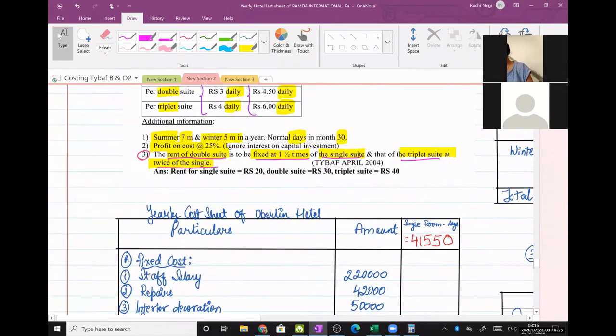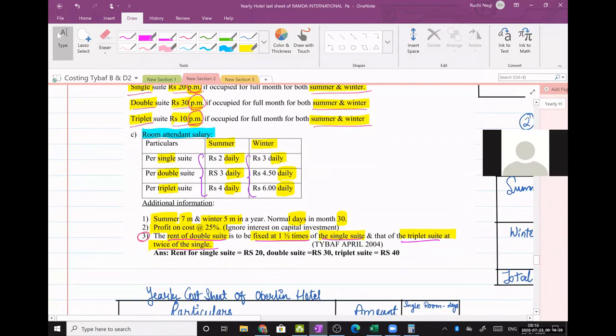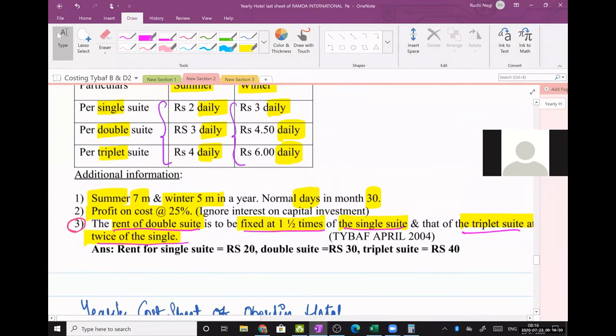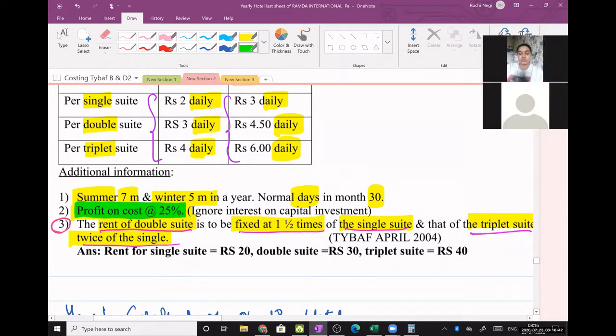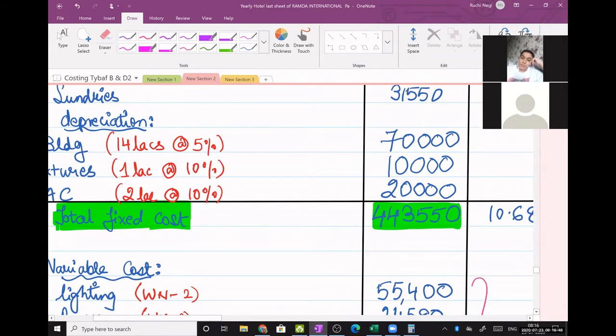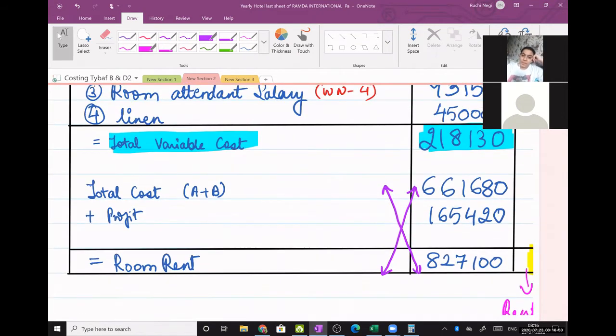See the second line. Profit on cost is how much? Profit on cost is 25%. So cost is the base, and base is always 100. So I'll keep my base 100.